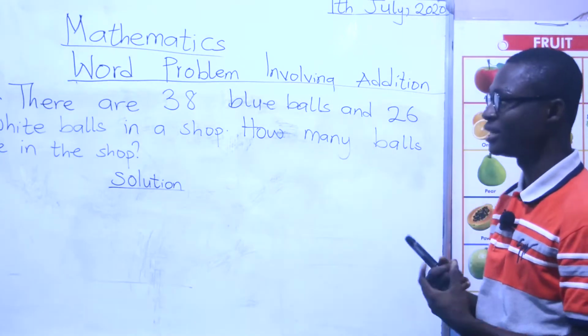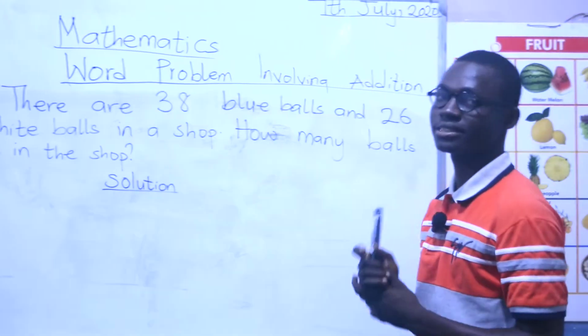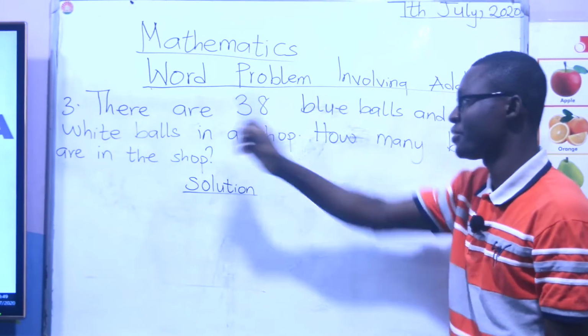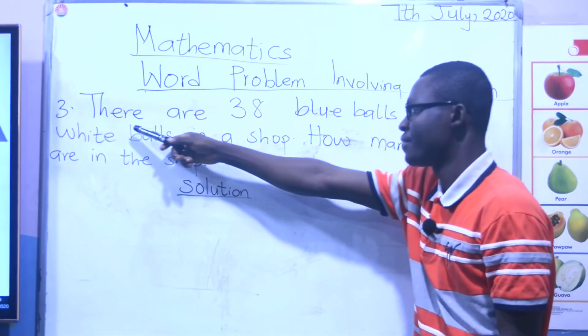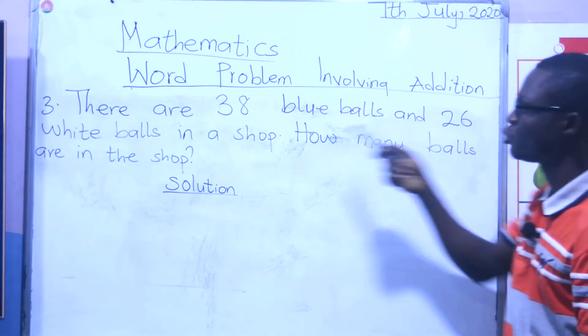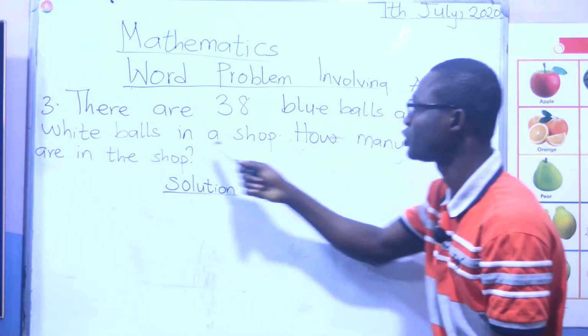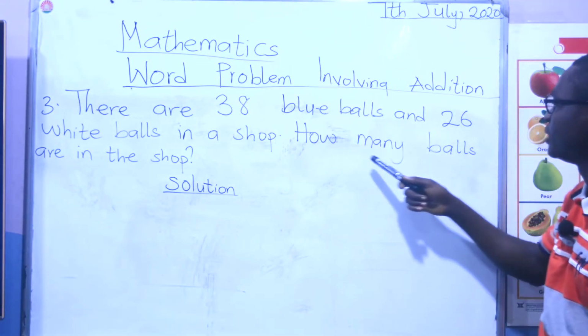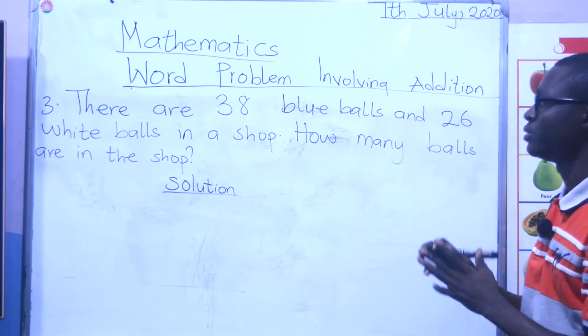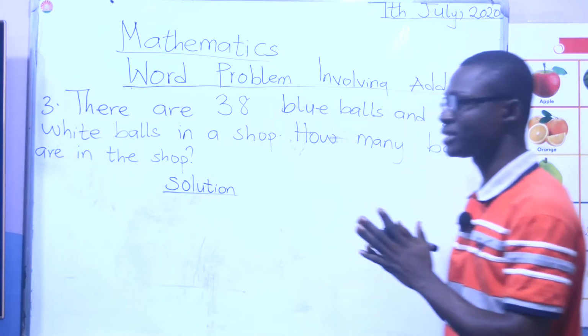Okay, so students, let's look at the last example. Example 3. There are 38 blue balls and 26 white balls in a shop. How many balls are in the shop? So, we are going to solve this question.